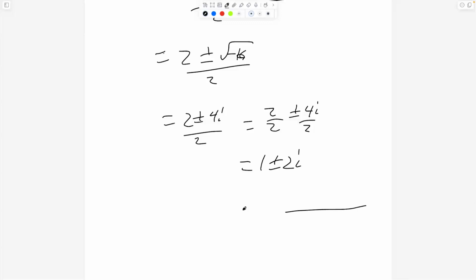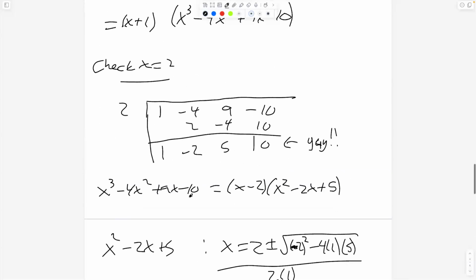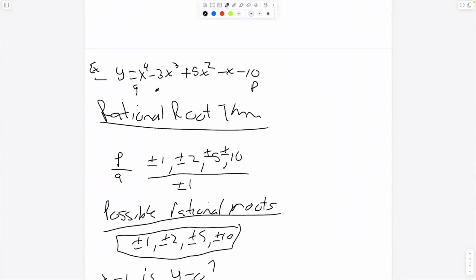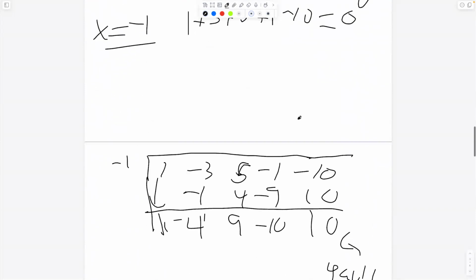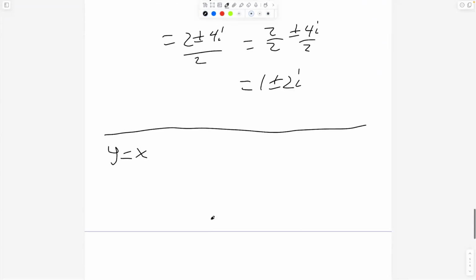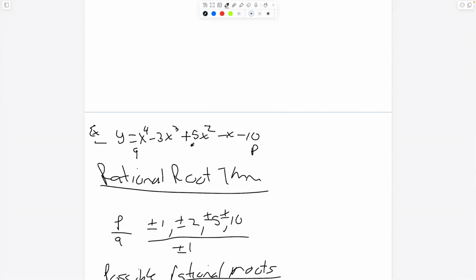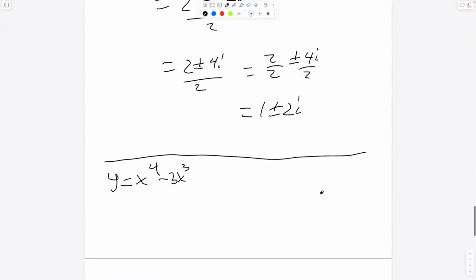Okay, so now to summarize. This guy here that we had, x to the 4th minus 3x cubed plus 5x squared minus x minus 10. I should have just copied and pasted. Sorry about this. His roots.